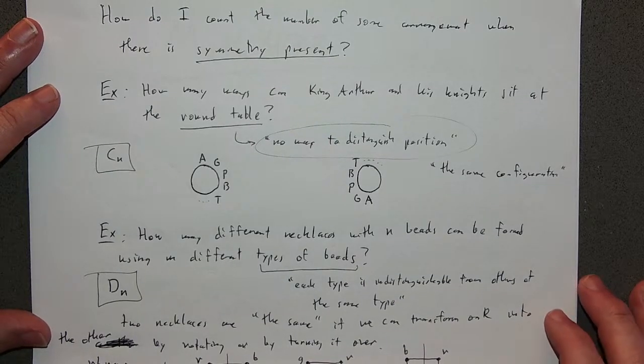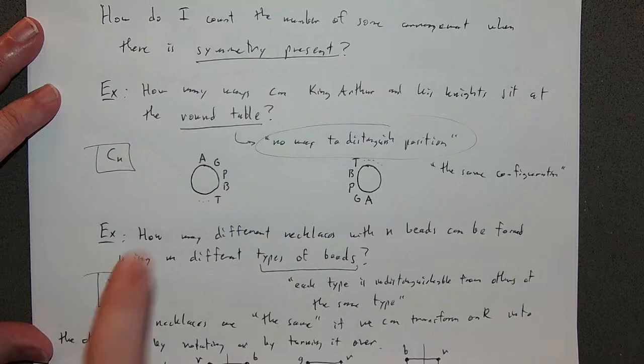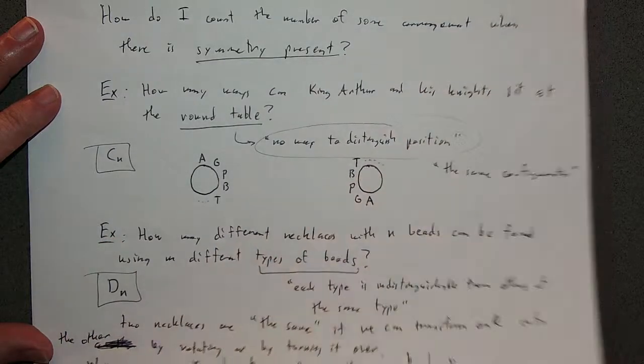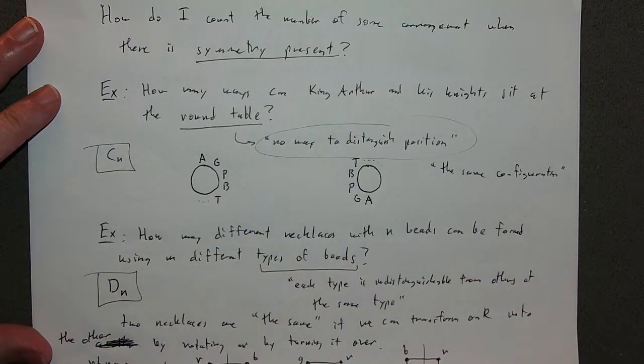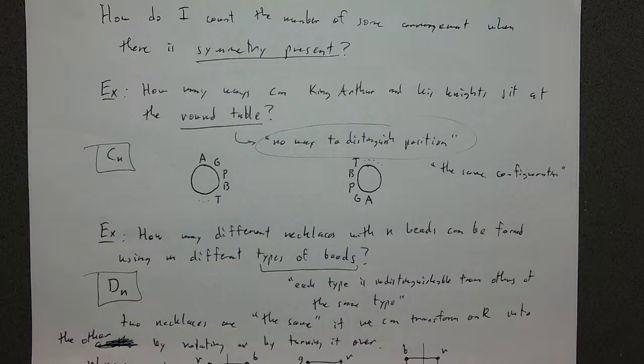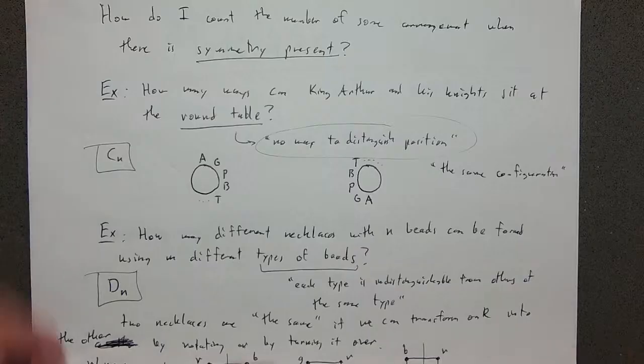A regular n-sided polygon. In the case of the second problem, which is how many different necklaces with n beads can be formed using m different types of beads, the idea here was that now we have additional symmetry. So in addition to simply rotational symmetry, we also have this reflection symmetry because we can turn the necklace over and be unable to distinguish a difference in the beads, whether they're turned over or not. And so this provides additional symmetry.